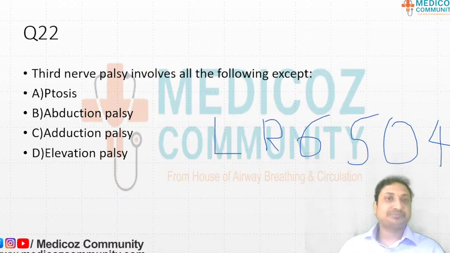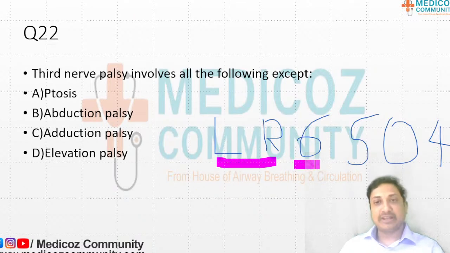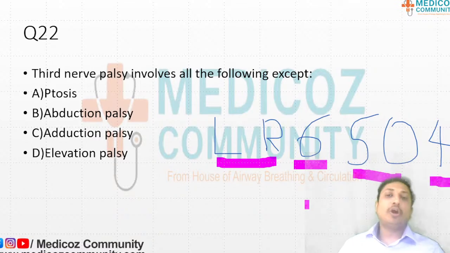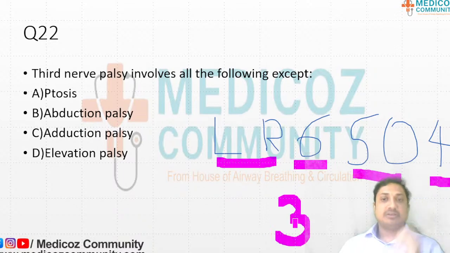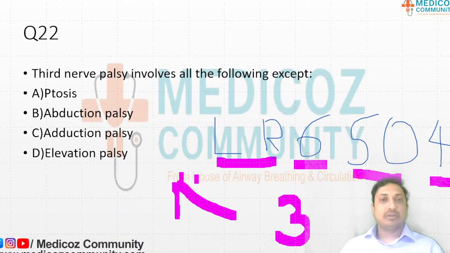That means LR is lateral rectus, which is supplied by 6th nerve, superior oblique is supplied by 4th nerve, and all other extraocular muscles are supplied by 3rd nerve. So, about the third nerve palsy, all of the following is there except what?